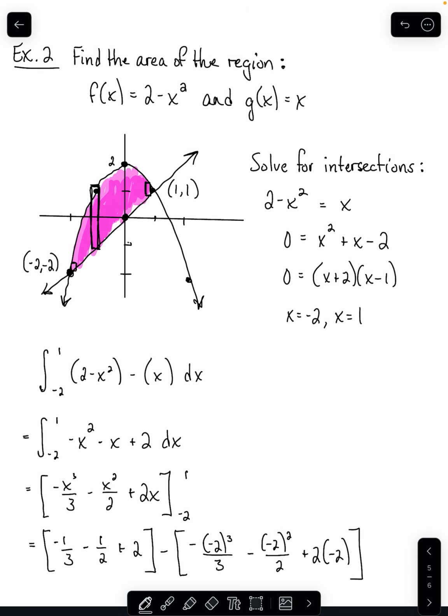This, unfortunately, will require a little bit more work, but ultimately, from the first set of brackets, we have negative 1/3 minus 1/2 plus 2, minus, in the second bracket, negative 2 cubed is negative 8.